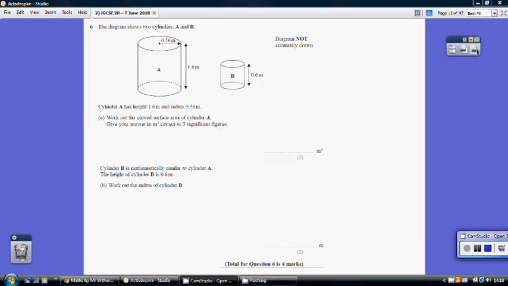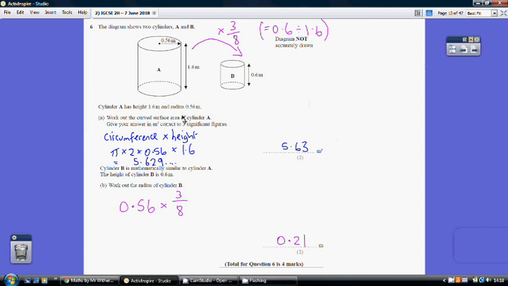Question 6, part A. Work out the curved surface area of cylinder A. Just imagine unwrapping this cylinder. The curved surface area is going to be a rectangle which has a depth of 1.6, and the width of the rectangle is going to be the circumference of the cylinder before we unwrapped it.